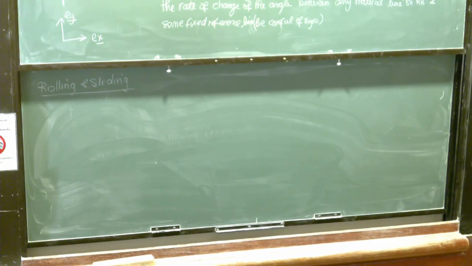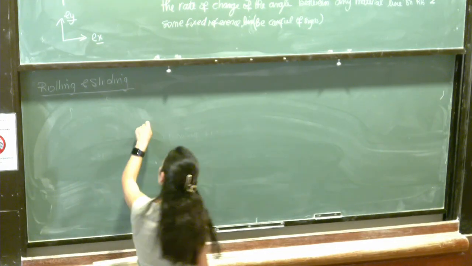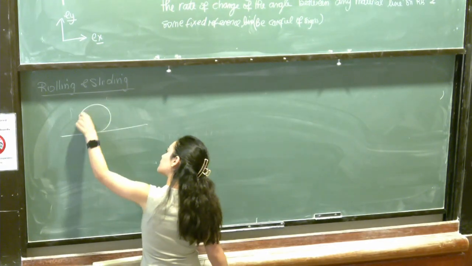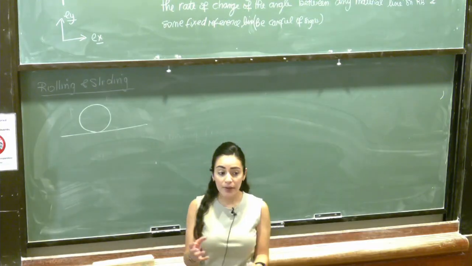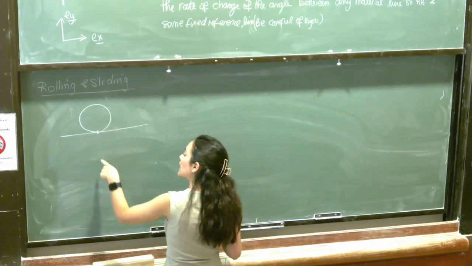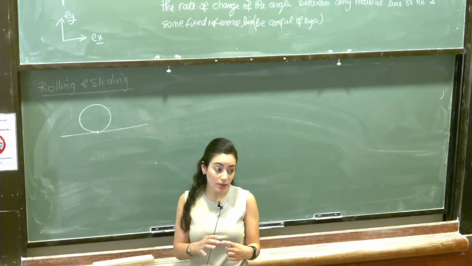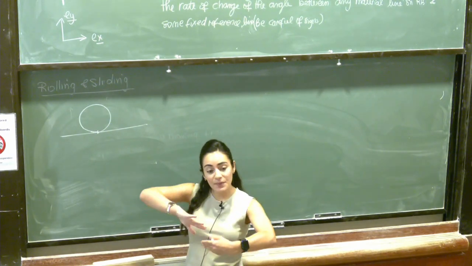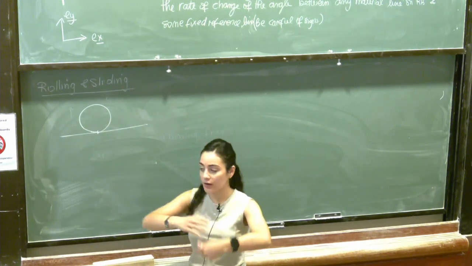Rolling of a wheel happens when the velocity of the contact point between the wheel and the ground is 0. So there's no slip speed between the wheel and the ground.